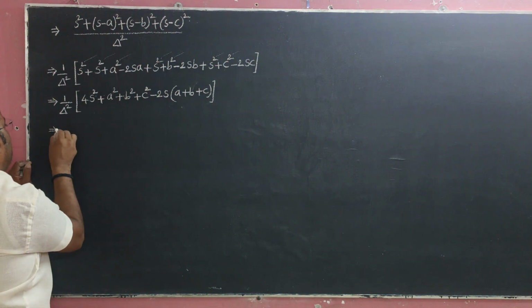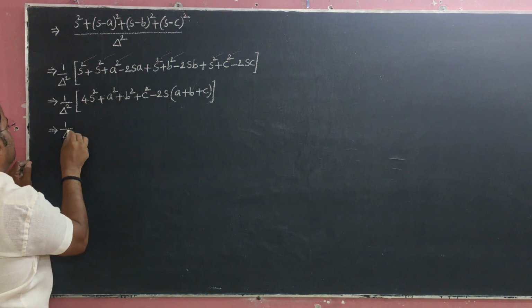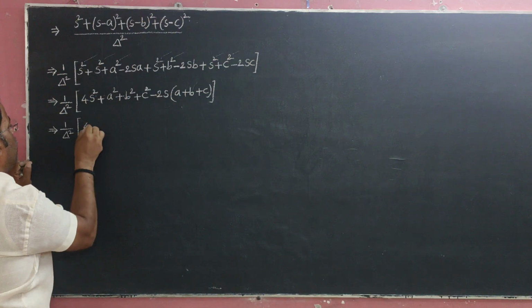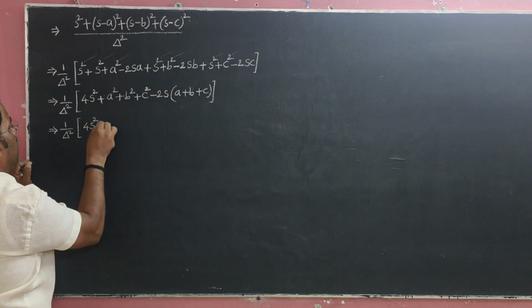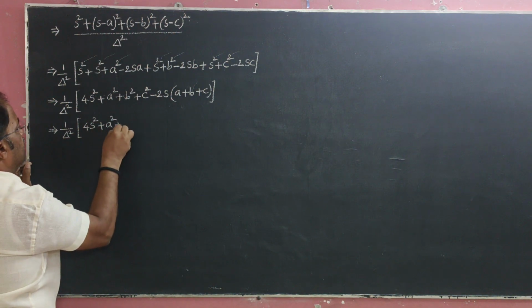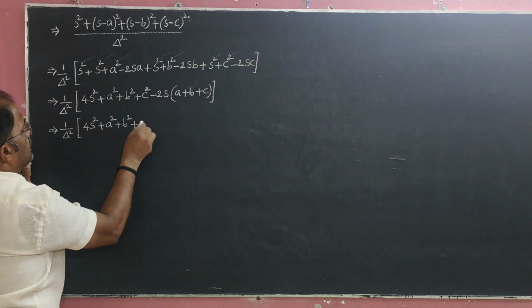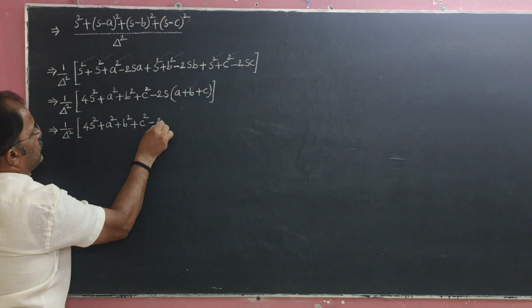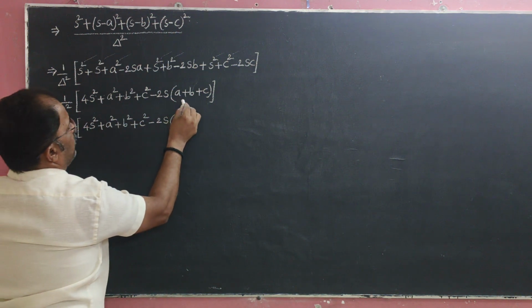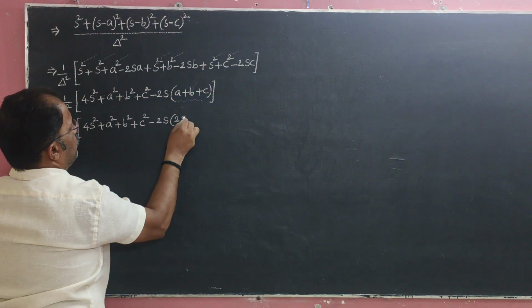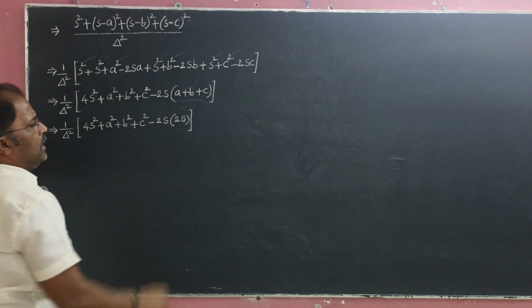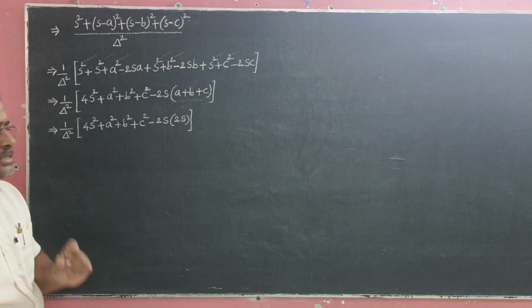Next again 1 by Δ² as it is, and 4s² + a² + b² + c² minus 2s(a + b + c). We have the formula a + b + c equals 2s. Okay, a + b + c value is 2s.